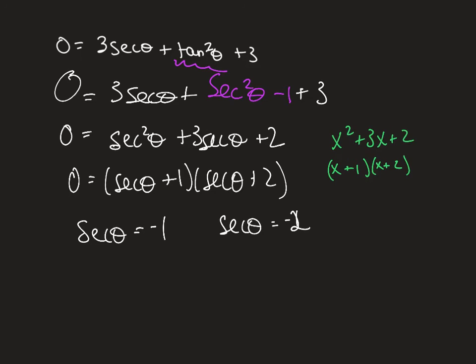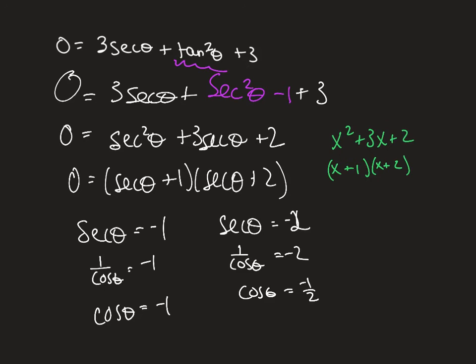And so remember, 1 over cosine theta equals negative 1. So cosine theta has to equal negative 1 when I cross multiply and divide. And then this over here would mean that cosine theta equals negative 1/2, right?